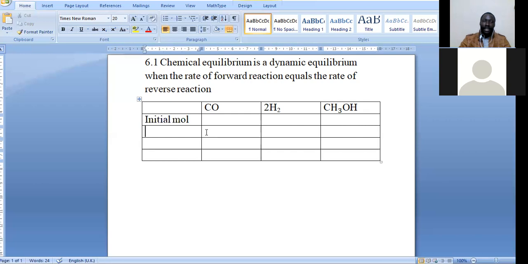Then, as the two begin to react, as the temperature is increased again and again in the presence of a catalyst, we will have these two forming that, meaning we will now be talking about the number of moles used.